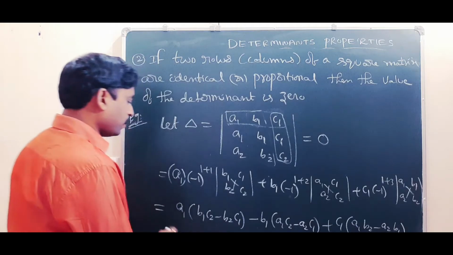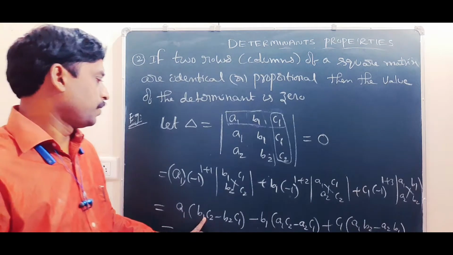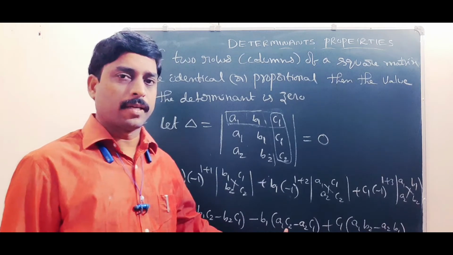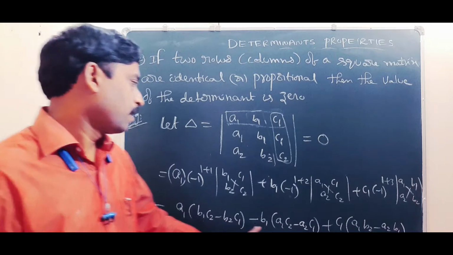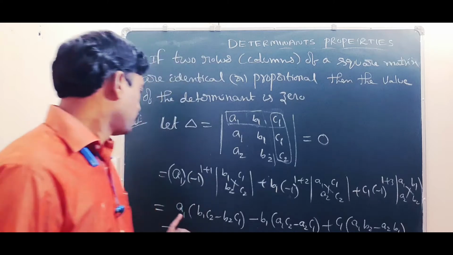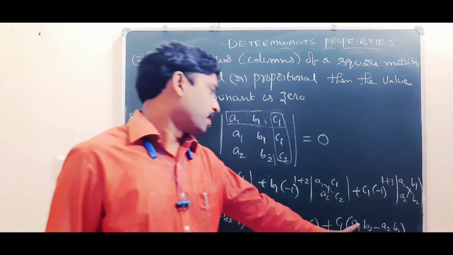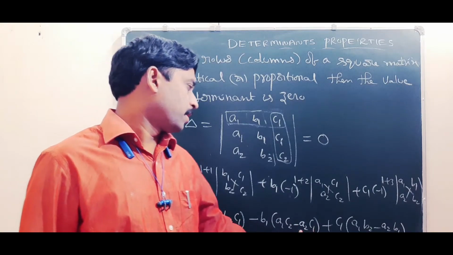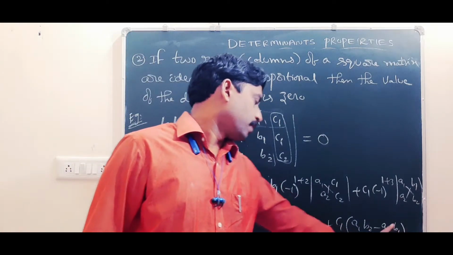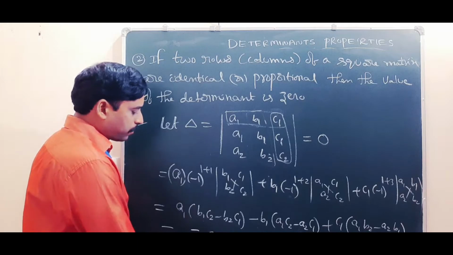It will be A1 B1 C2, A1 B1 C2 gets cancelled. A1 B2 C1, A1 B2 C1, negative and positive get cancelled. Minus into minus plus B1 C1 A2, B1 C1 A2. All terms get cancelled. The answer will be 0.